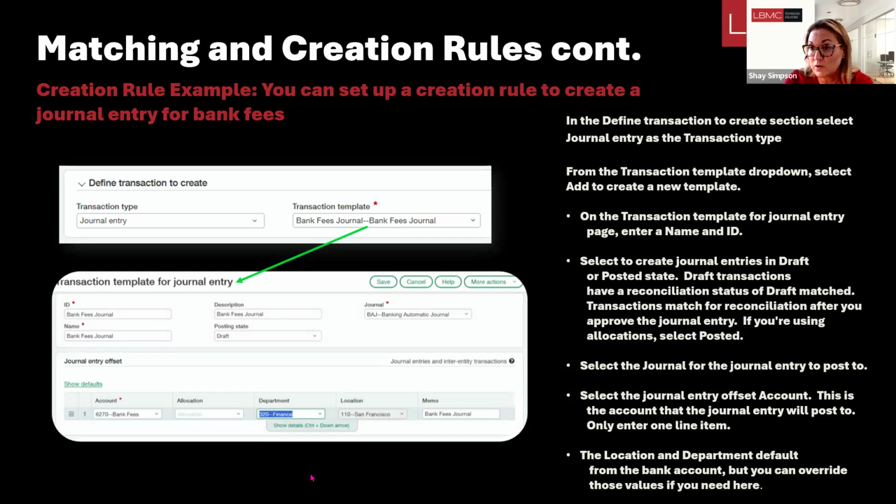When we see those keywords, it's going to create a transaction in Intacct to record those. So it's going to debit our expense account for our bank fees, and it's going to credit cash. Obviously, when it does that, we've got those matching rules set up on the date and the amount, so it is automatically going to match those as well.